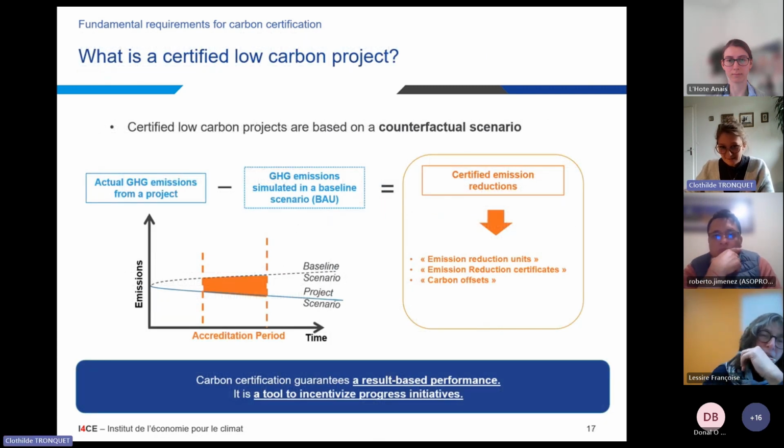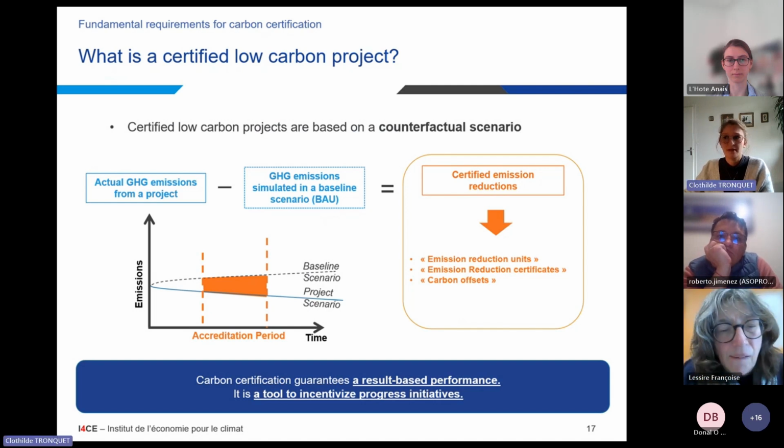And then you make an estimate of what would have happened without the project, what would have happened on a business as usual basis. This is what we call the baseline scenario, the reference scenario. In that case, most probably the fertilization application wouldn't have changed. You would have pursued with mineral fertilizers using the same volumes.